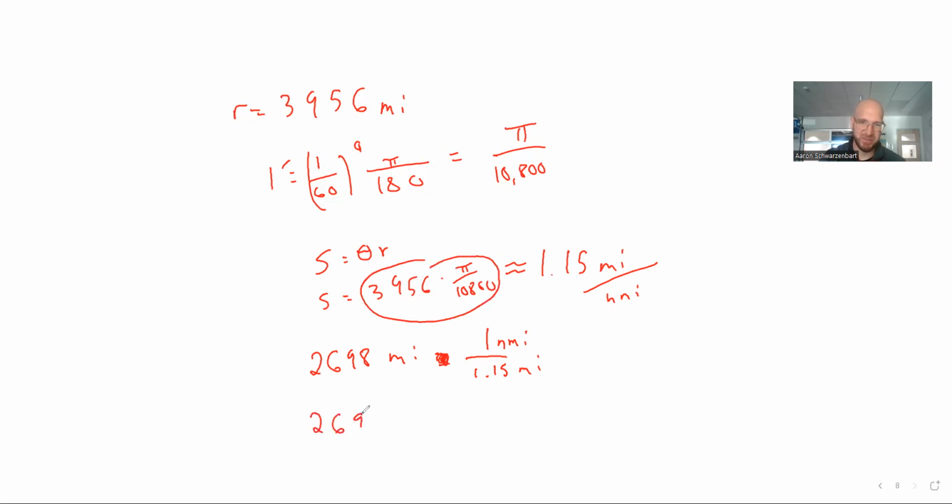If I want to be really accurate, I'm going to do 10,800 over 3,956 pi nautical miles per mile. And that's going to equal 2,345 nautical miles. I'm just using N miles to abbreviate that. And that is section 4.1.